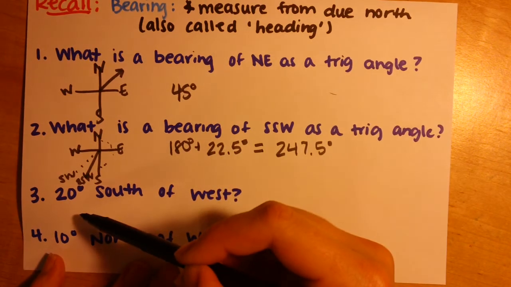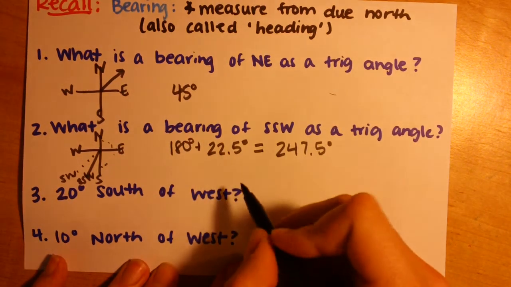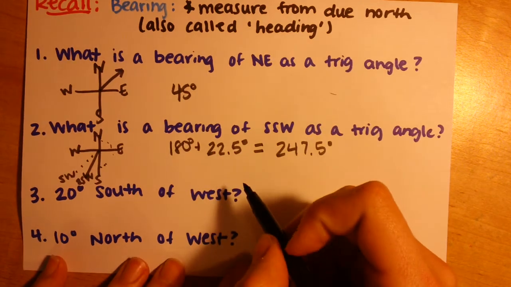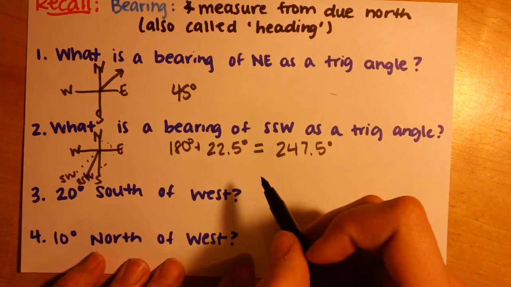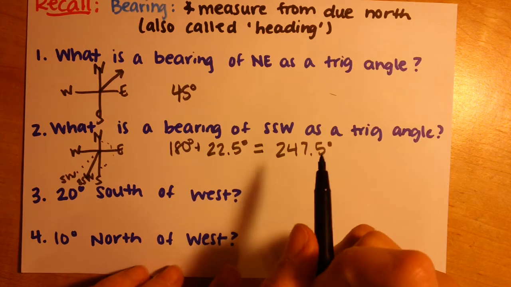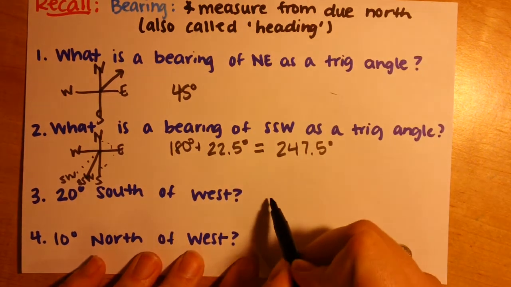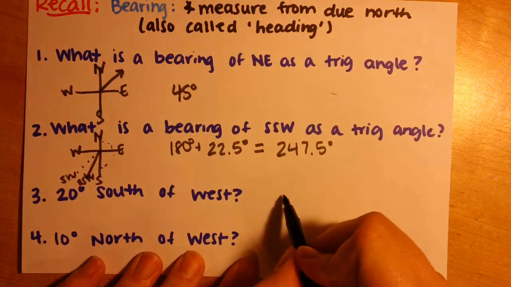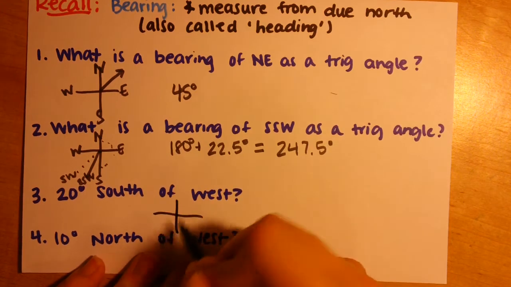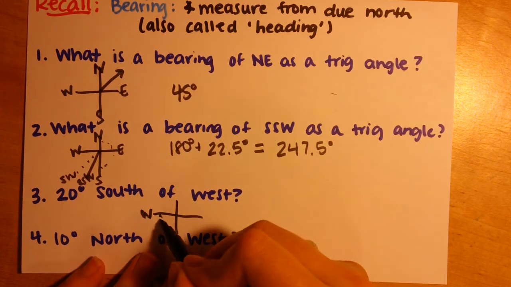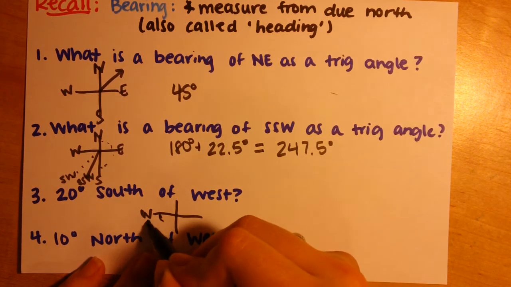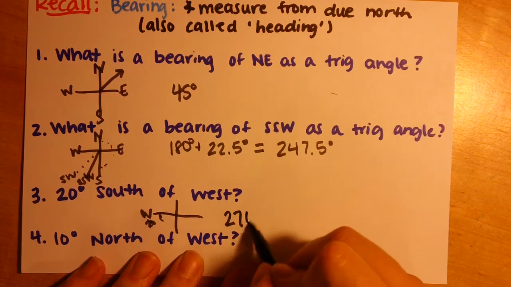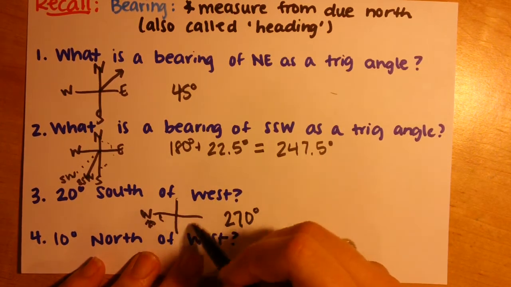So look over here. Here's west. We're going to go south of that. 20 degrees. You take your 270 degrees. So you go from here all the way to there.